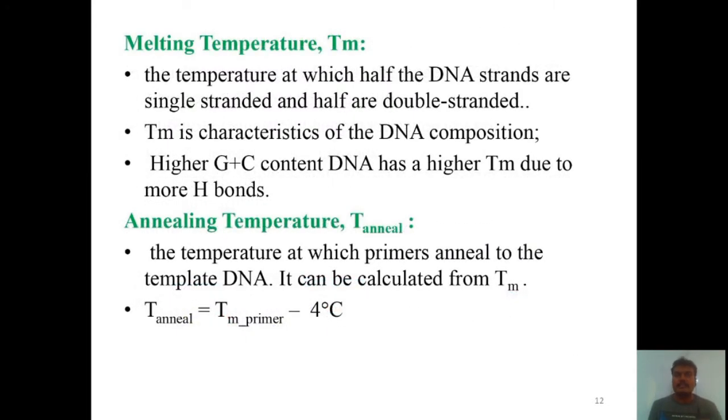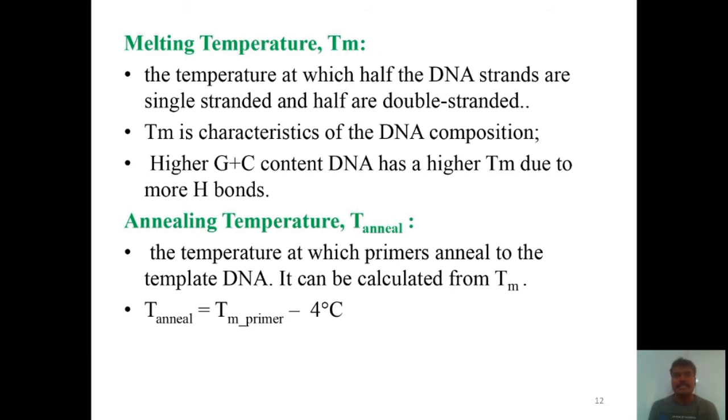Okay, then melting temperature. So what is melting temperature? Melting temperature is the temperature at which half of your DNA strands become single stranded and half remain double stranded. That is melting temperature, which is different from denaturation temperature.